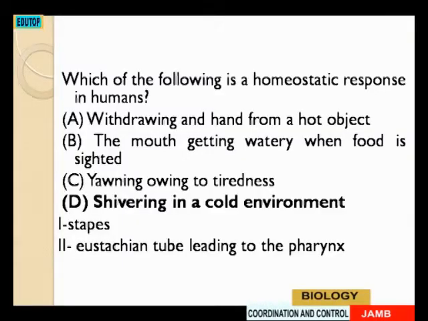It's not a balance. Then shivering in a cold environment. When the environment is cold, you are shivering. Your body is trying to balance the temperature. That is homeostasis. That's option D. Shivering in a cold environment.